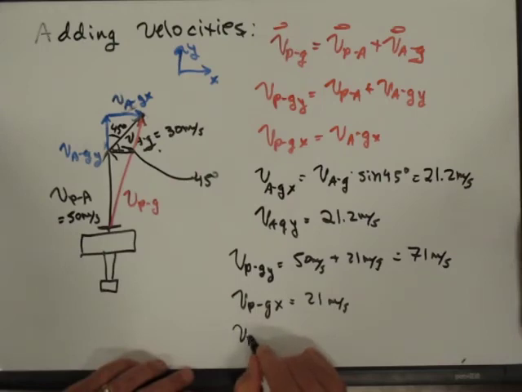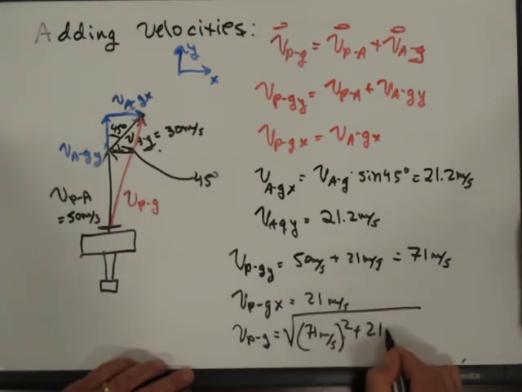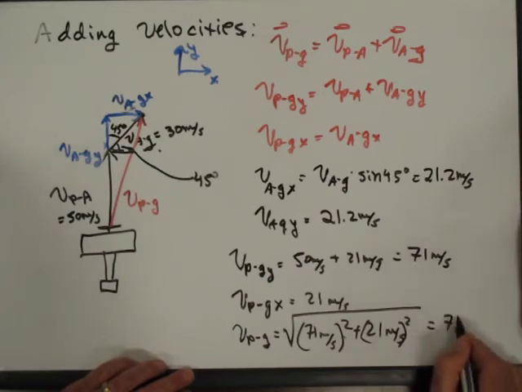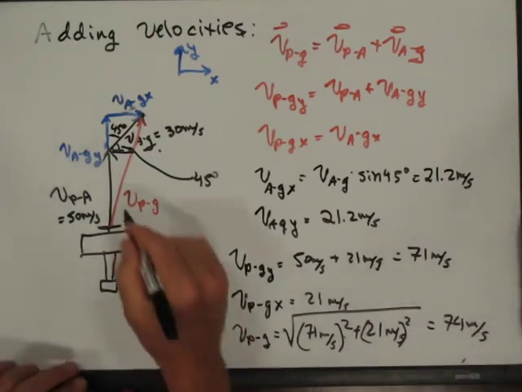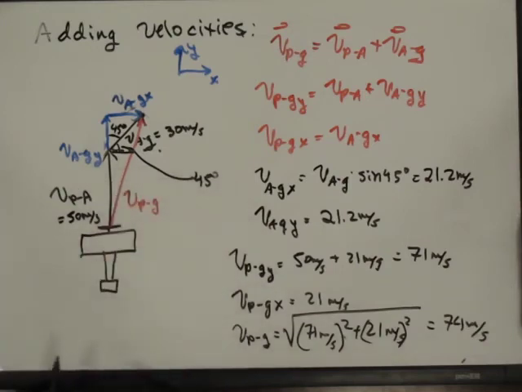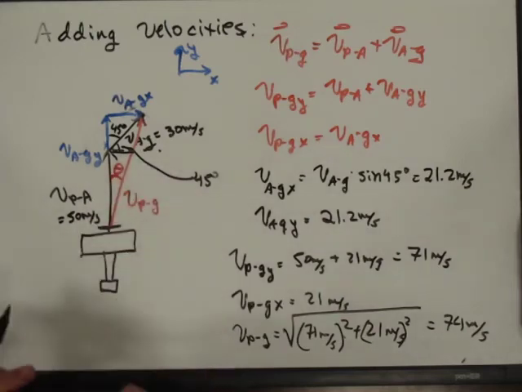Since the velocity of the plane relative to the ground is equal to the square root of the sum of the squares of those two, it's the square root of 71 meters per second squared plus 21 meters per second squared, which is about 74 meters per second. And the angle, this angle here, theta, I guess I'll calculate it over here.